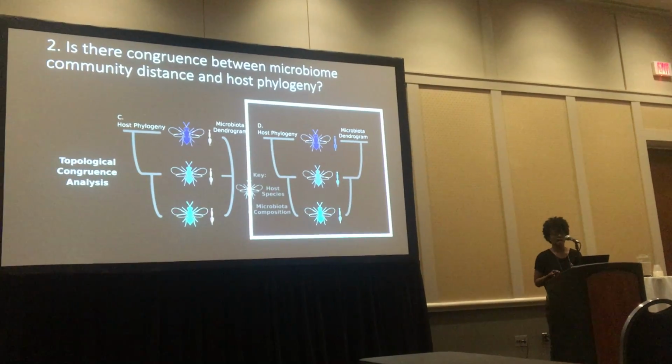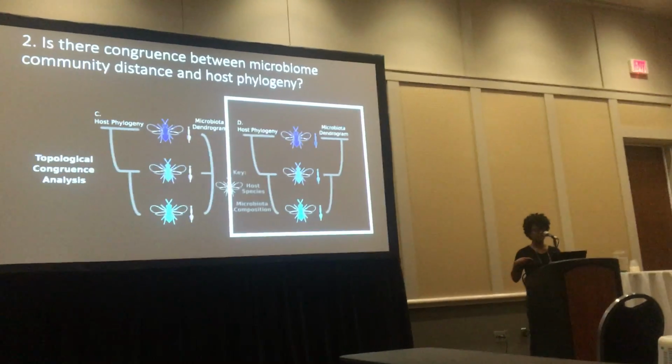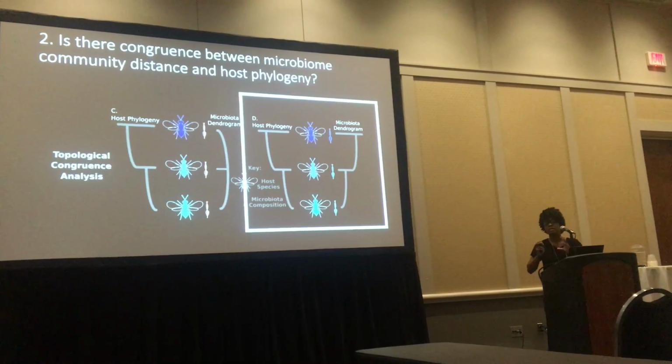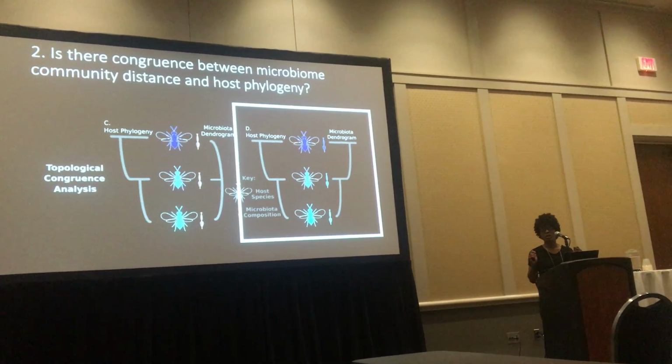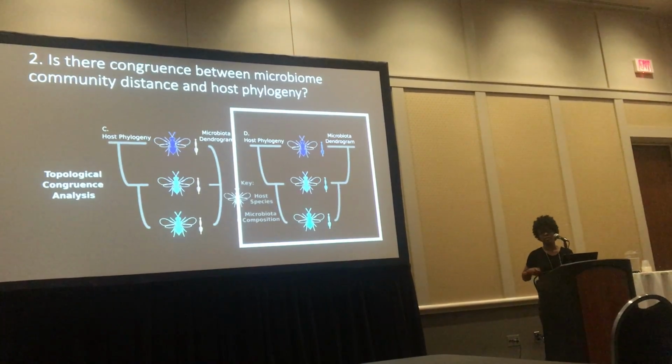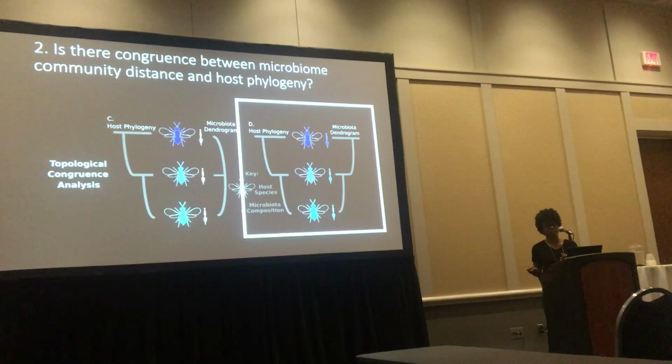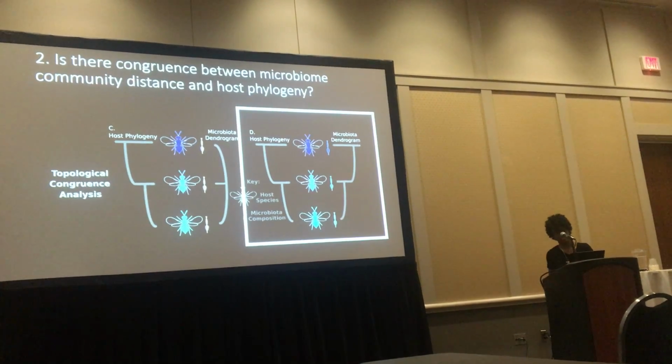So the next question I wanted to ask is if there was congruence between microbiome community distance and host phylogeny. So this is the second part. And we expected, if we saw this strong species clustering of the microbiome, it should translate into congruence between host phylogeny and microbiome community distance.